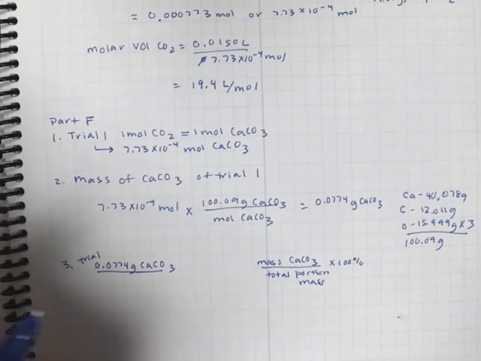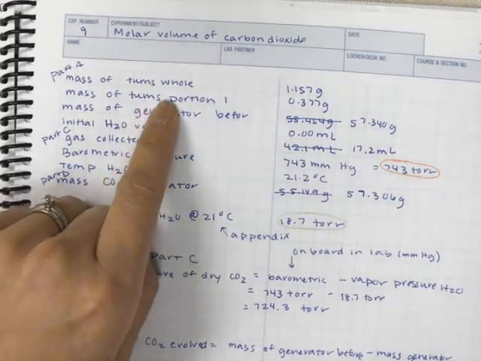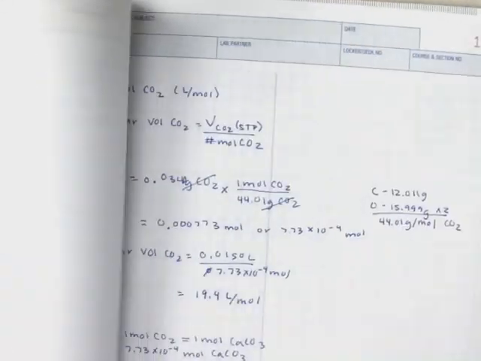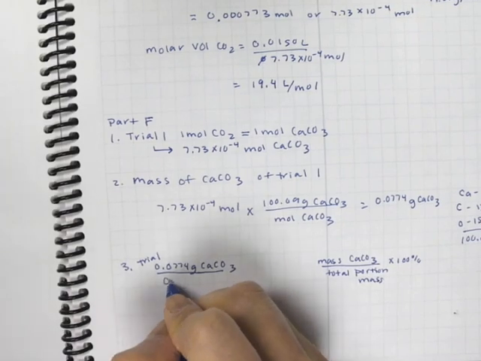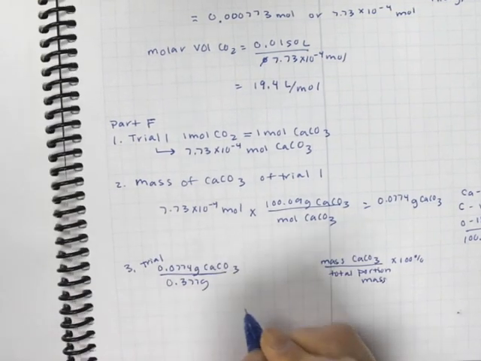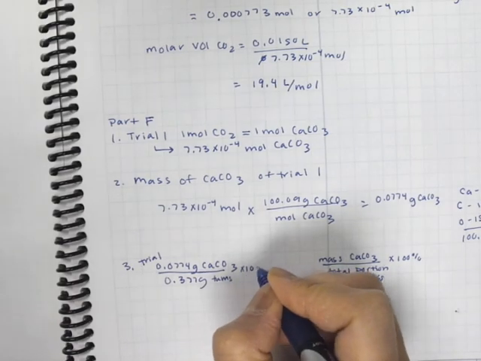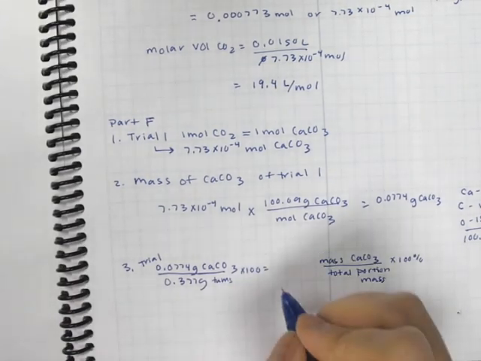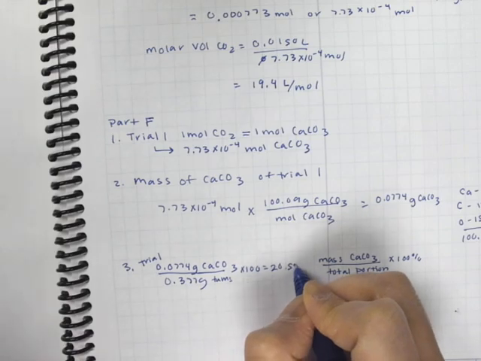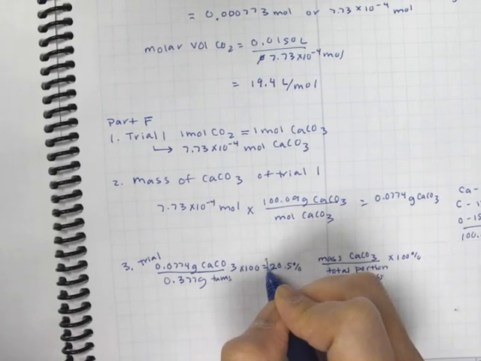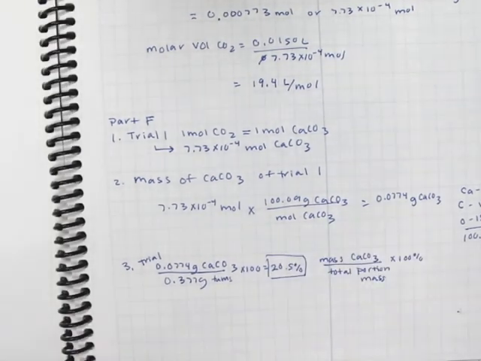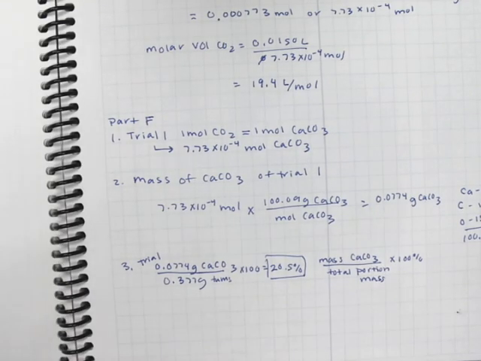If I go back to my first page of numbers, the first portion was 0.377 grams. So this would be 0.0774 grams over 0.377 grams of Tums times 100, and this comes out to be 20.5%. You'll do that for each of the tablets and get your percentages there.